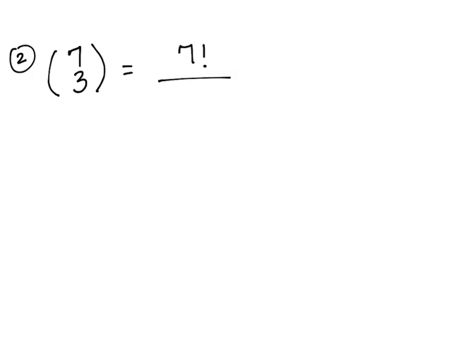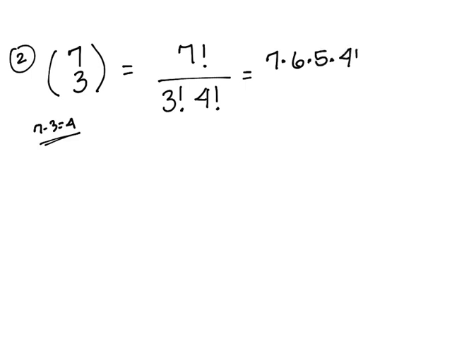So let's look at another example: 7 over 3. That would give us 7 factorial over 3 factorial and 4 factorial, because if you subtract 7 minus 3, you get 4. So we're going to walk the top: 7 times 6 times 5 times 4.